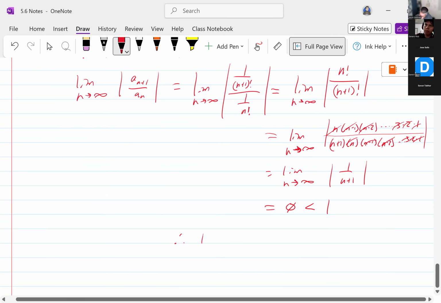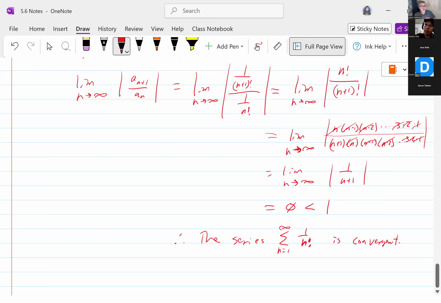Therefore, the original series, summation of 1 over n factorial, n equals 1 to infinity, is convergent. It's absolutely convergent. In this case, that wasn't really the point. We don't have anything alternating, so the original series and the absolute values are the same.